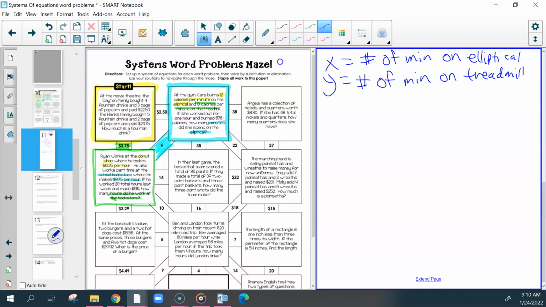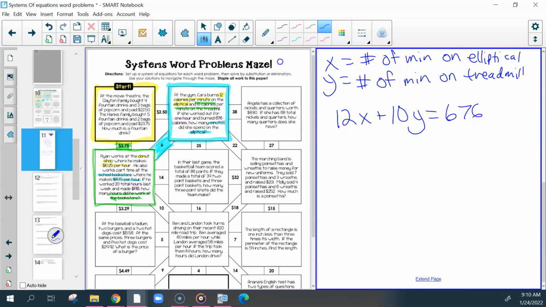The setup for this one is going to be very similar to the donut bookshop. Anyone want to take a guess as to how we would set up one of the equations? 12E and 10T equals 676. Calories go together: 12 calories, 10 calories, 676 calories.